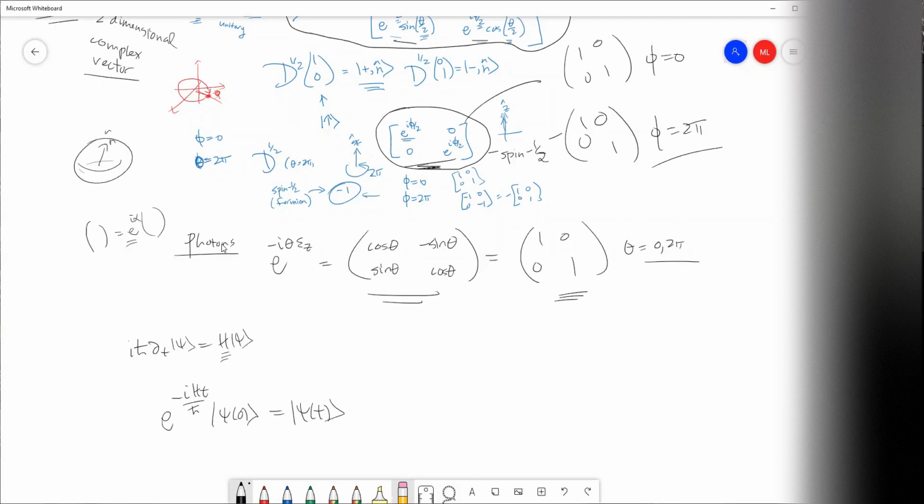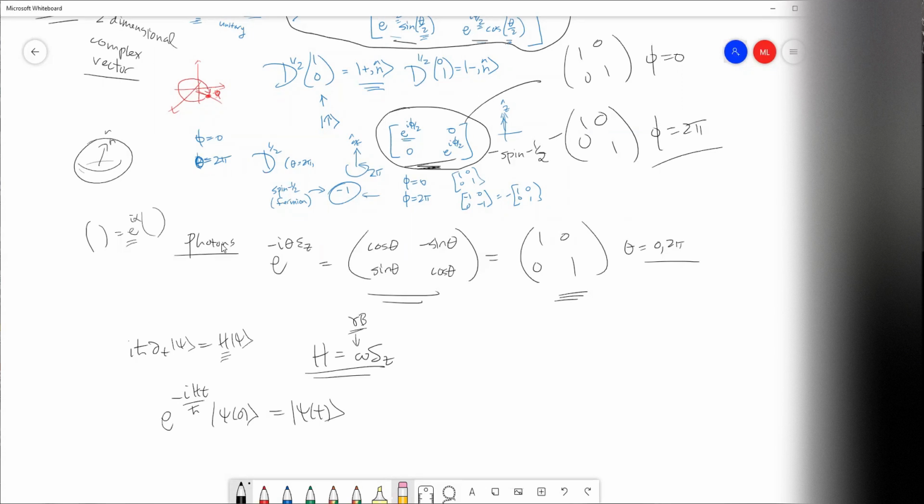Now, for something in a magnetic field, the H you can write as a frequency times Sz, and the frequency is going to be related to the gyromagnetic ratio and the B field. But this is the appropriate Hamiltonian.